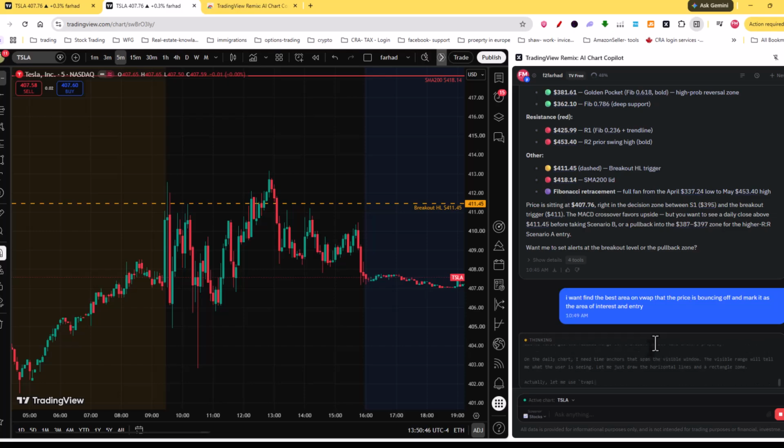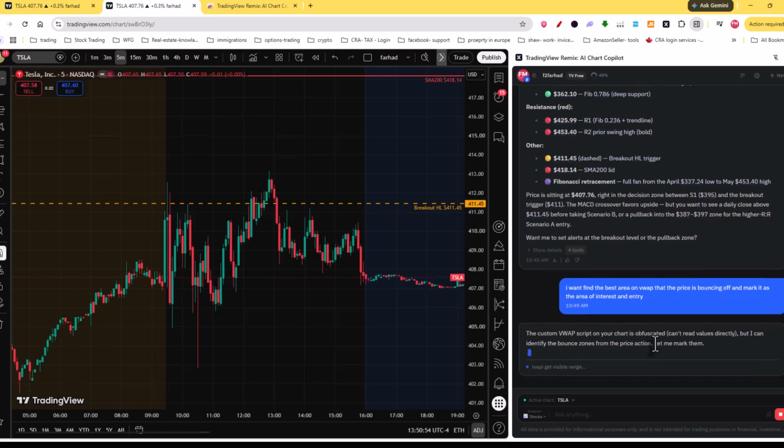So look at how much time is spent. Imagine you want to write this down on your paper, in your book, or journal. You can copy it and journal it yourself. If you have an online journal, you can just copy paste, done. Why did you go in that trade? Because of this, because of those areas.